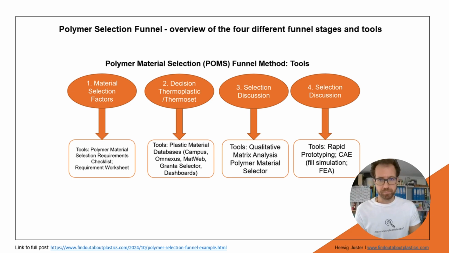In the third funnel step, where we have the selection discussion, we can use the qualitative matrix analysis together with the polymer material selector. And in the last step, where it's about rapid prototyping, we can also use virtual prototyping, like filling simulations or finite element analysis for mechanical assessment, and so on. So these are just examples of tools, but it's a guideline for each of the funnel steps so that you know what you can count on.